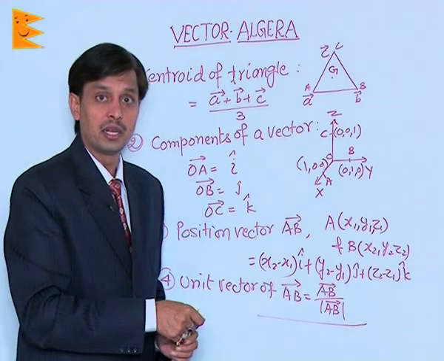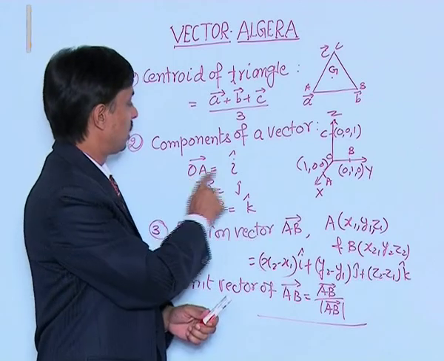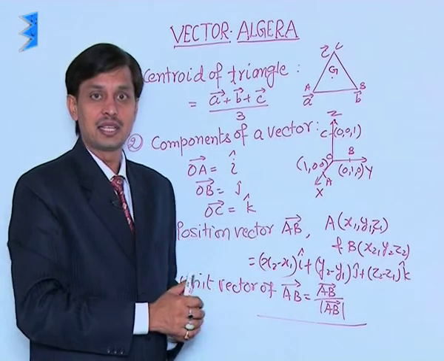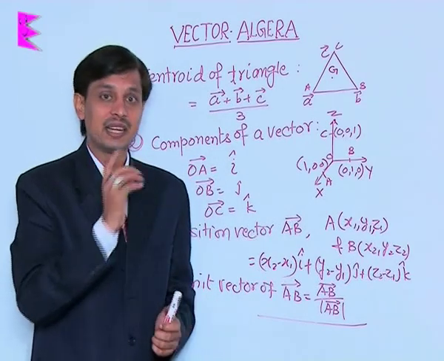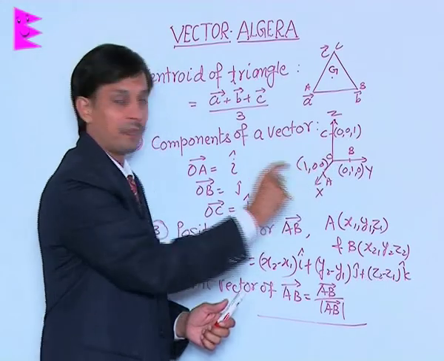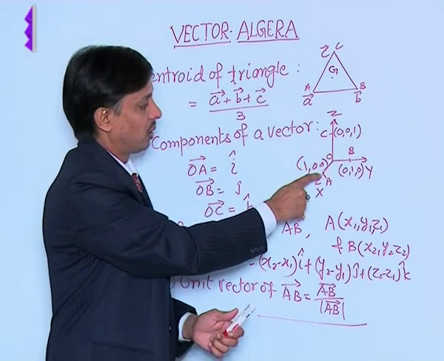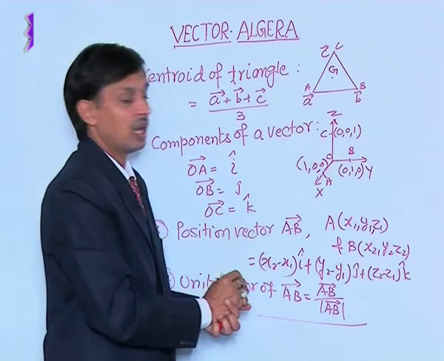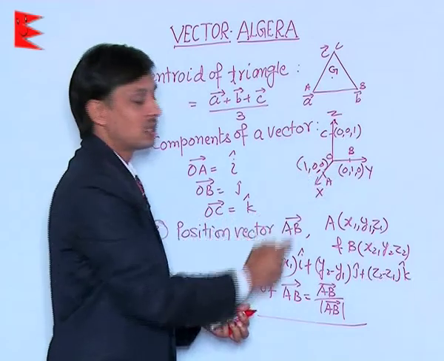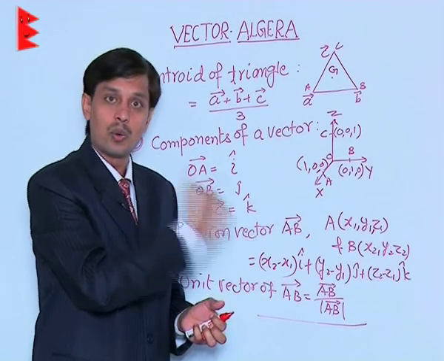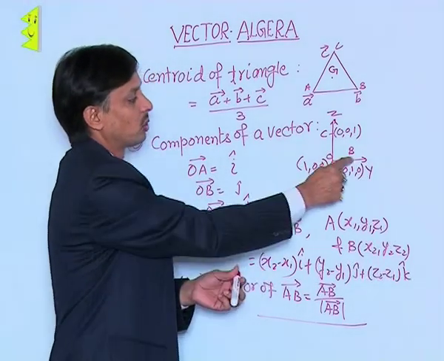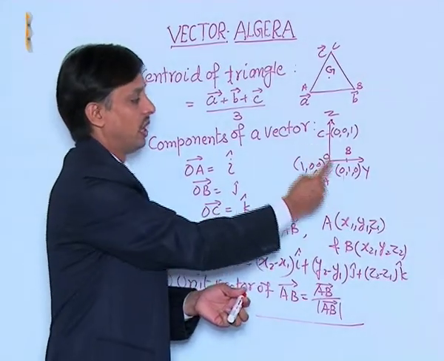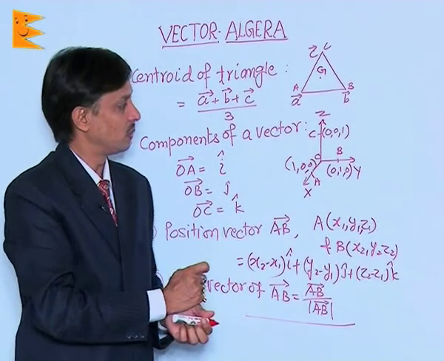So any unit vector along the x-axis is given by OA, that is i cap. On the x-axis, we have y and z as 0. So if OA is the length of the unit vector, then the coordinates of A on the x-axis are 1, 0, 0. Then, if OB is the length of the unit vector along the y-axis, the coordinates of point B will be 0, 1, 0, because on the y-axis x is 0 and z is 0.